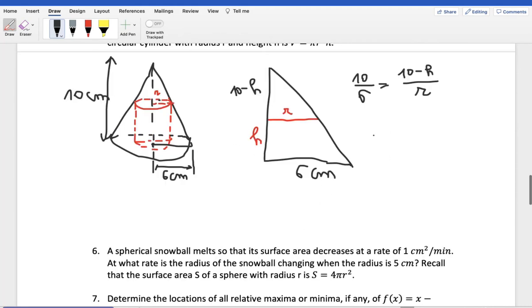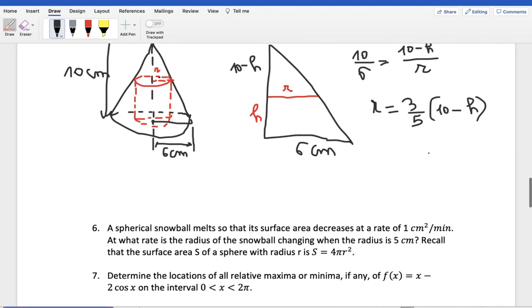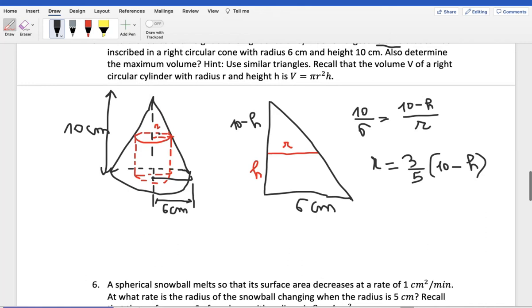And now this is equivalent to r being equal to 3/5 multiplied by 10 minus h, right? So we have that. Now we have the volume.